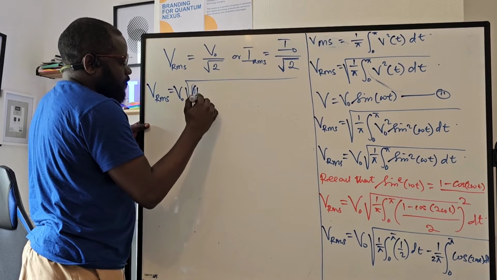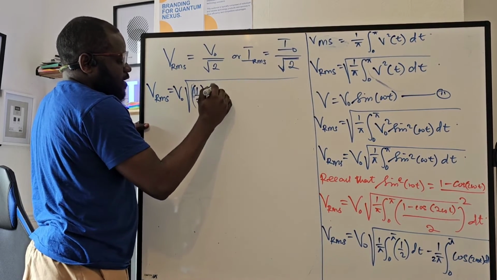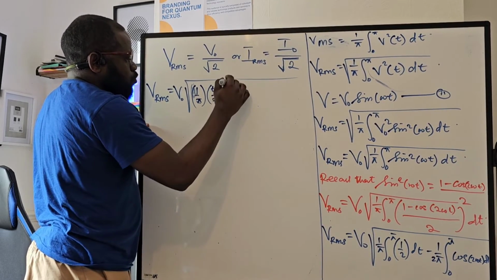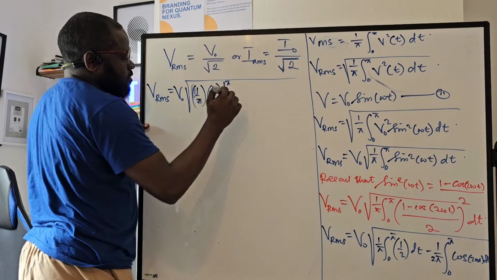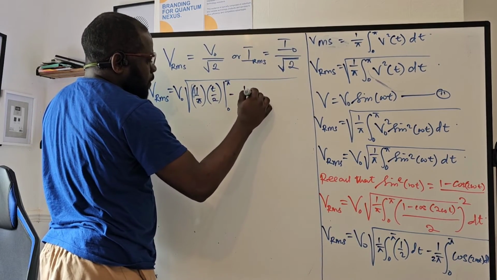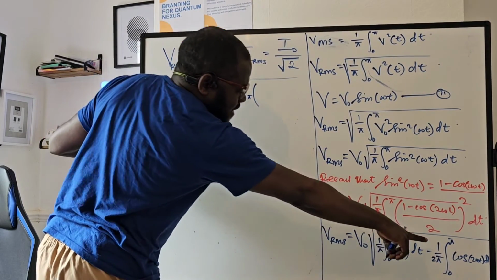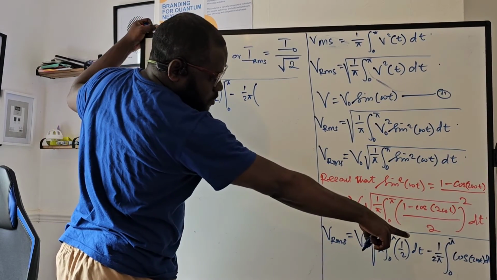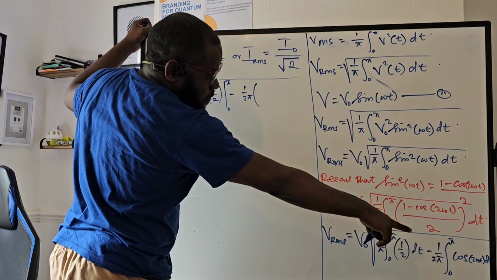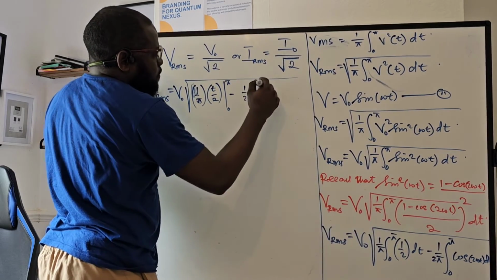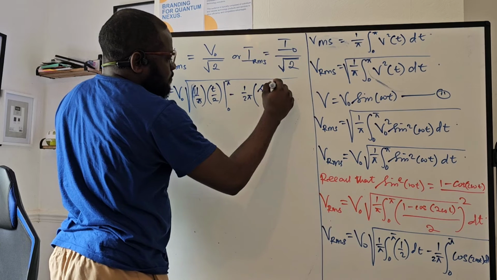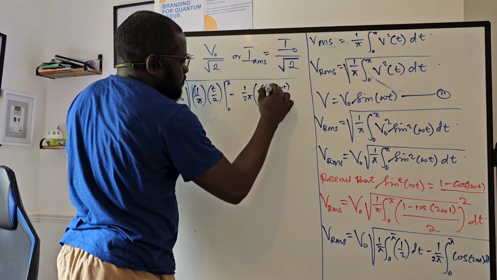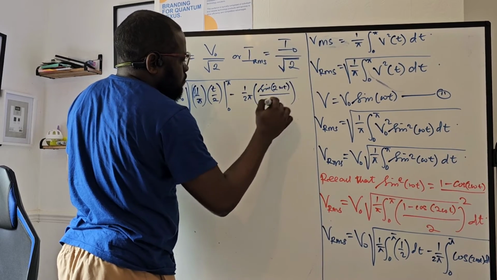So I will have 1 over pi into brackets t all over 2 from 0 to pi. Then the next one is going to be minus 1 over 2 pi into brackets. By the time you integrate cos 2 omega t dt, your result is going to become sine 2 omega t divided by 2.